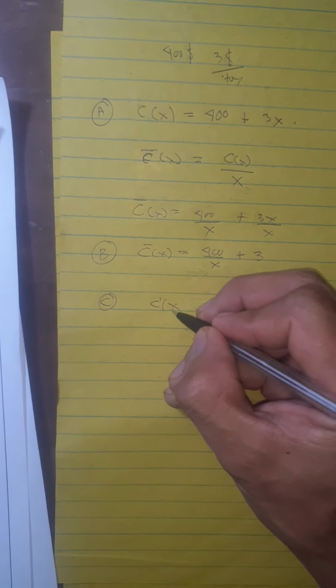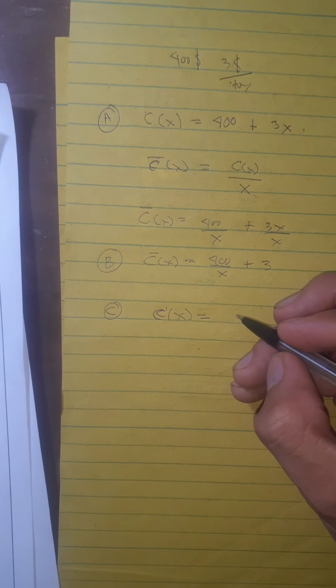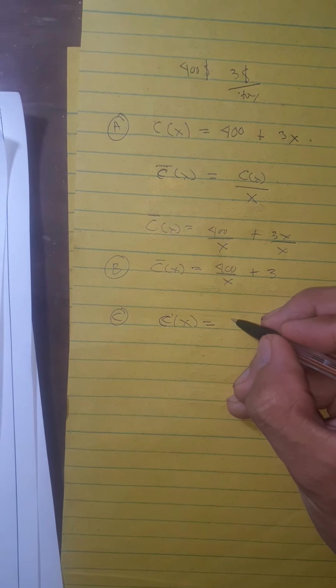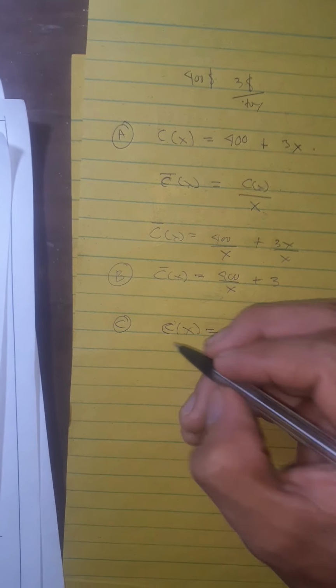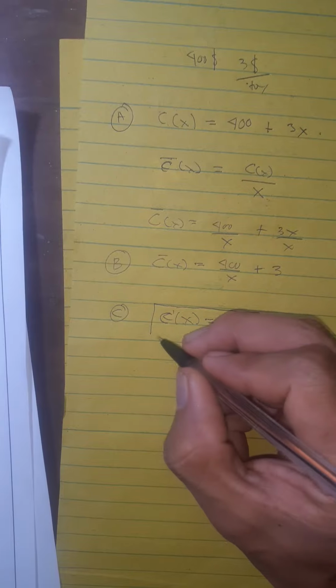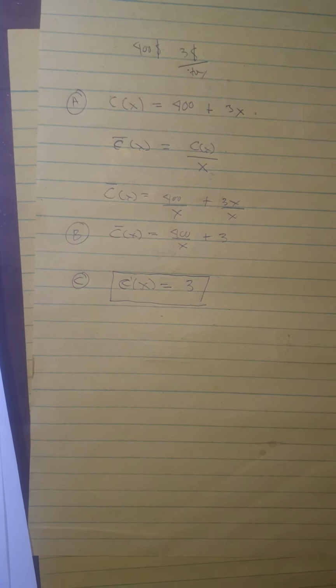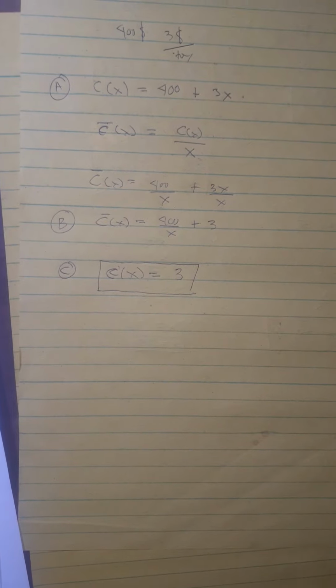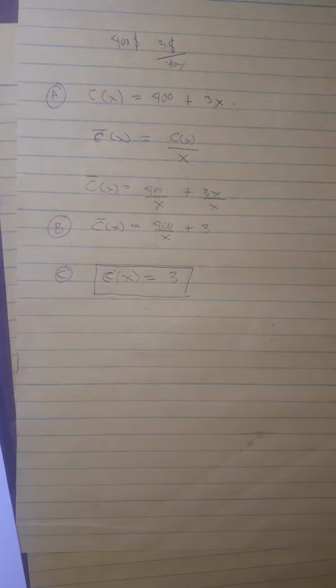C prime of x is equal to the derivative of 400, which is 0, plus the derivative of 3x, which is 3. So our first derivative is equal to 3.